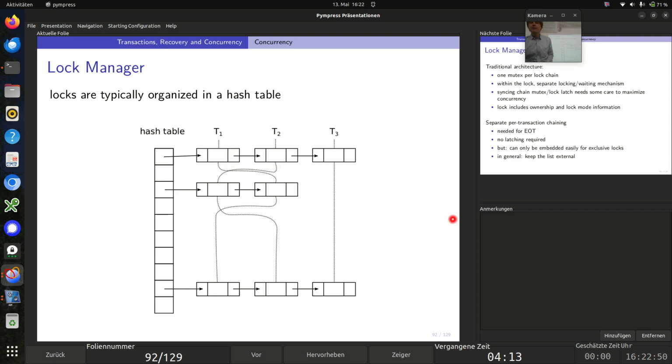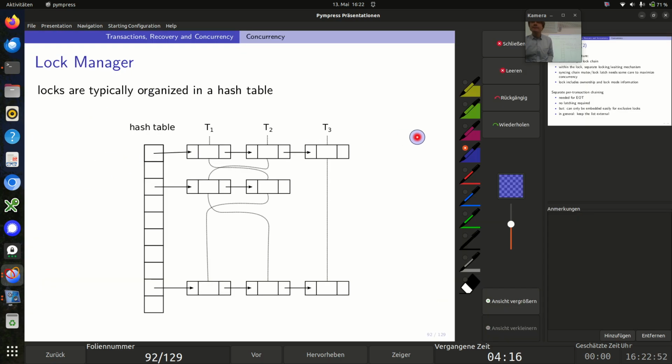Here we have the data items A, B, C, D, and so on. Every transaction acquires a lock, for example, a shared lock. If there's more than one, we have a shared lock. And every transaction holds more than one lock, for example, on different tuples D, E, F, G, H. So that's how internally the locks are implemented.